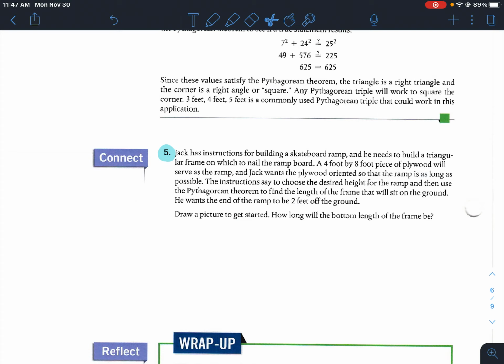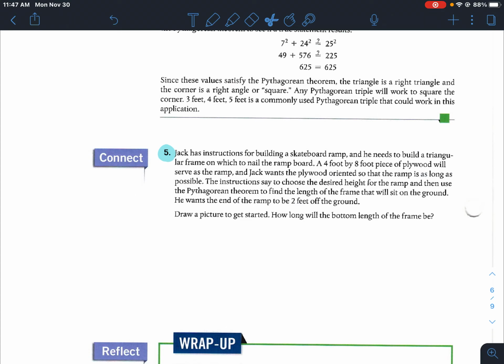And then the last one we'll do: Jack has instructions for building a skateboard ramp, and he needs to build a triangular frame on which to nail the ramp board. He'll use a 4-foot by 8-foot piece of plywood to serve as his ramp. Jack wants the plywood oriented so that the ramp is as long as possible.